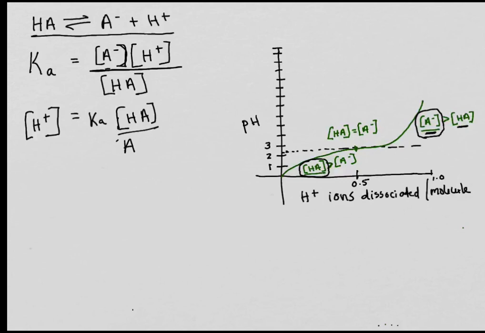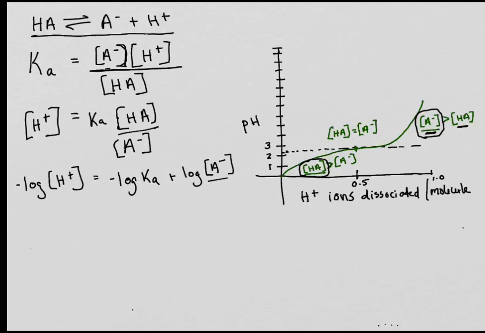And then just using rules of log, the negative log would be the log of the reciprocal. And this starts to give us something that looks really familiar. Negative log of H plus, negative log of Ka, pH, and pKa, or pK, plus the log of A minus over HA. And this is it, the Henderson-Hasselbalch equation.